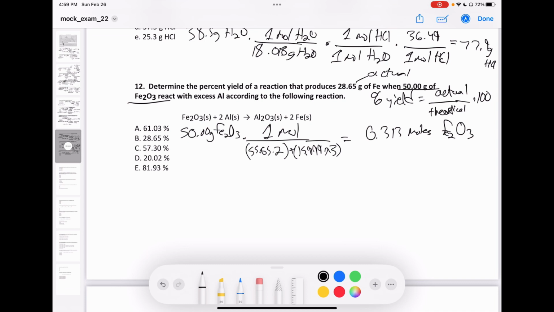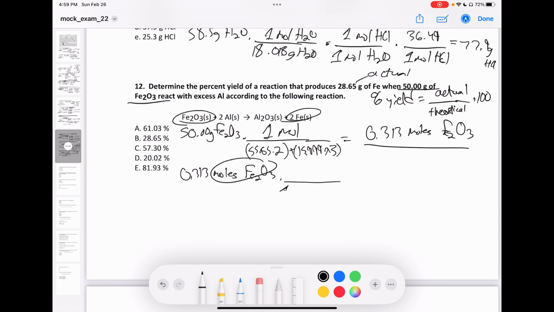And then we're going to continue on with what we just got. And then again, we're going to have to use that internal mole ratio. It's never going away, so you should get used to it. For every 1 mole of this that reacts, we create 2 moles of iron. And we want to get rid of this, so we put this 1 mole that reacts of iron 3 oxide in the bottom.